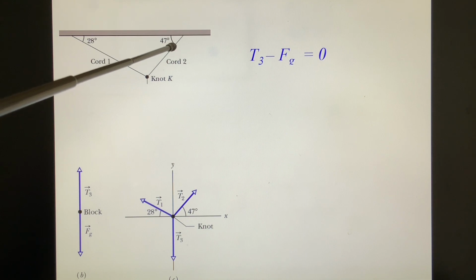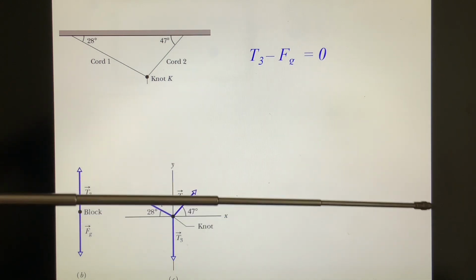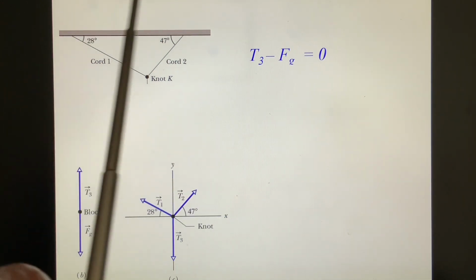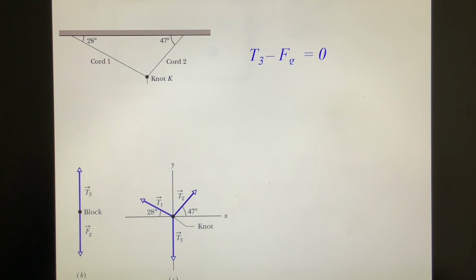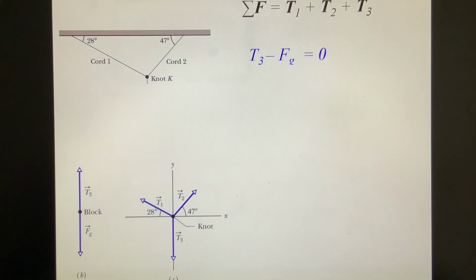The angles are known, but I don't know these forces. Since it is balanced, sigma F equals 0, meaning the component along the x direction is 0 and along the y direction is 0. So we have two equations. Sigma F equals T1 plus T2 plus T3 equals 0, and acceleration is 0.